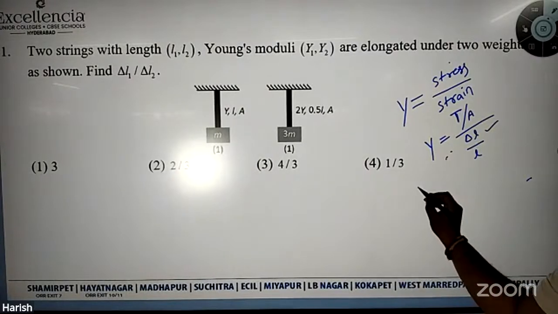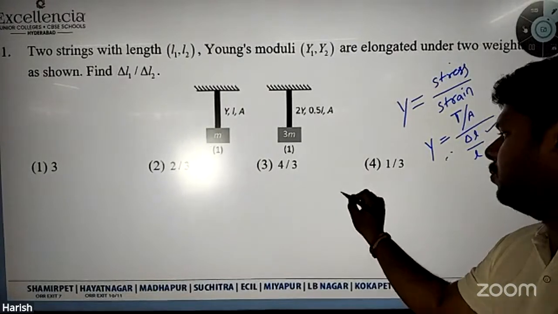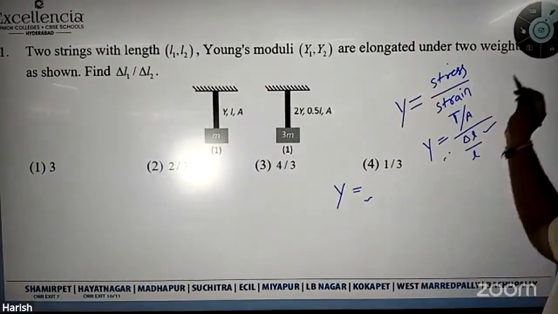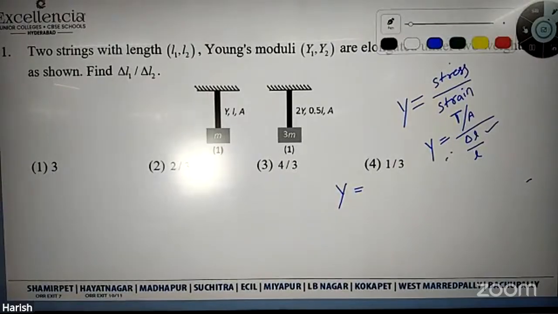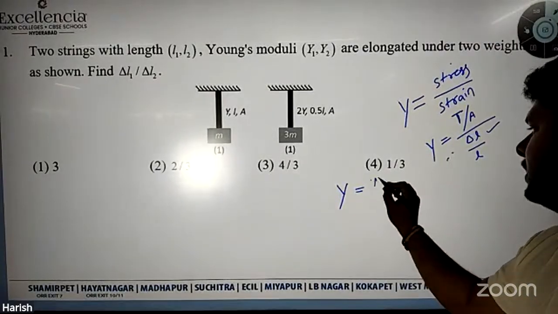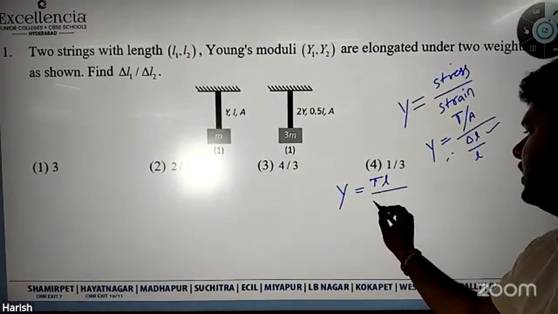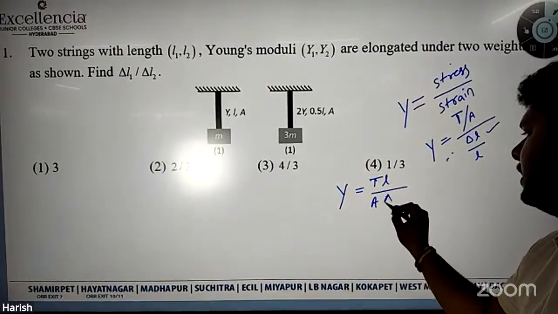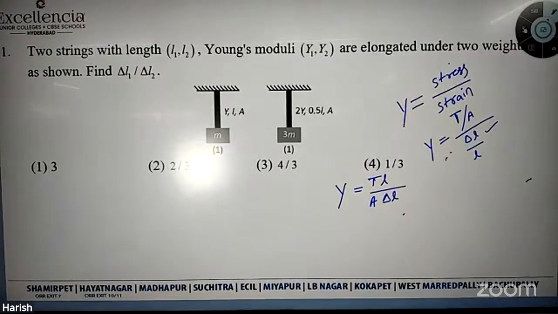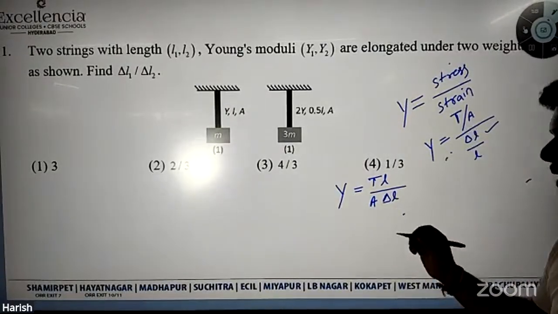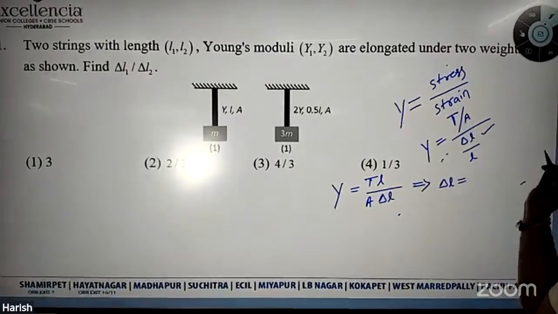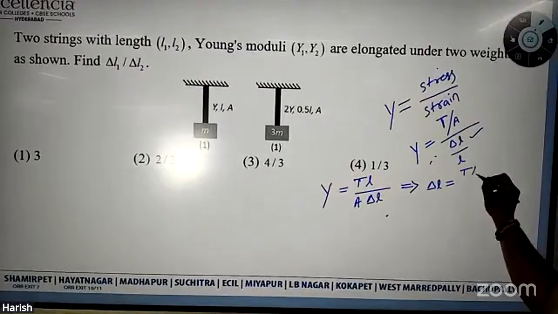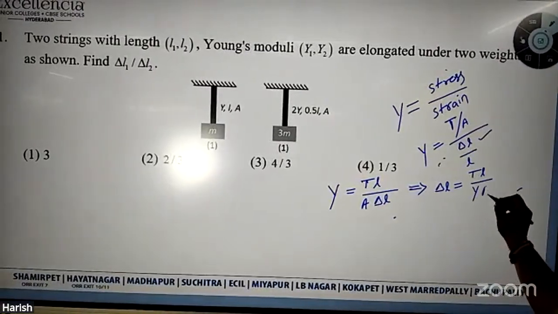So if you just rearrange this, we will get Y is equal to T L divided by A delta L. As we are supposed to find delta L, make delta L the subject. So delta L will be equal to T L by Y into A, right?